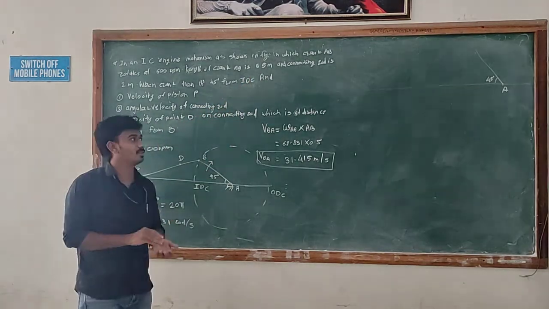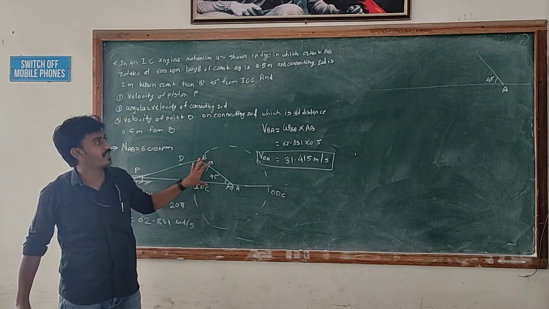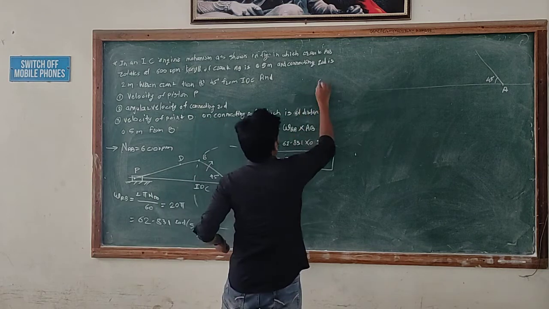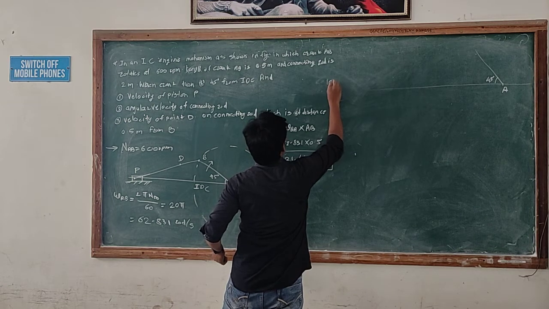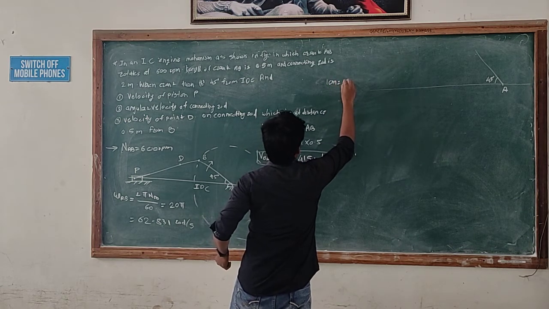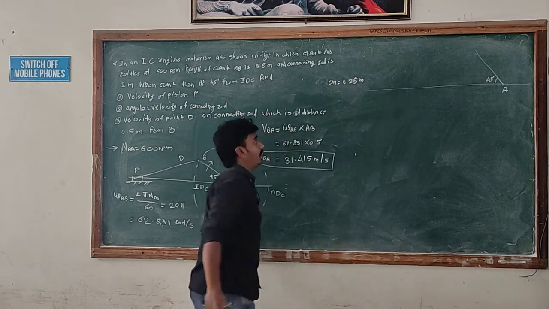Take some scale. Suppose to draw this configuration diagram we consider 1 centimeter equal to 0.25 meter.